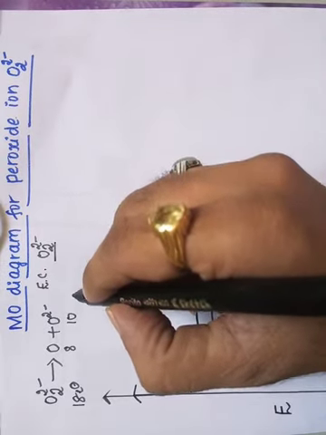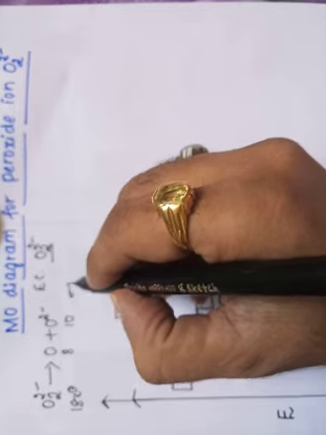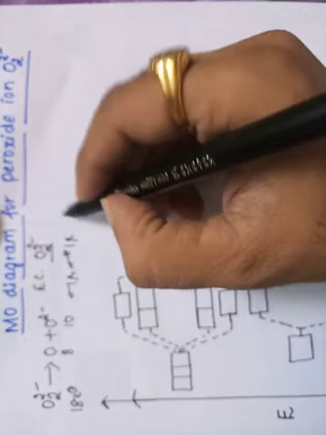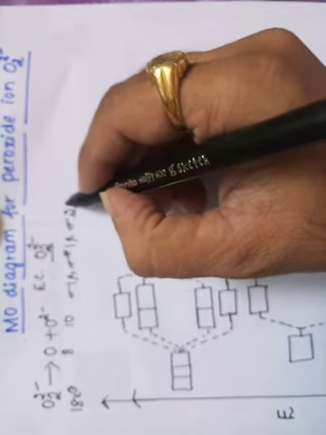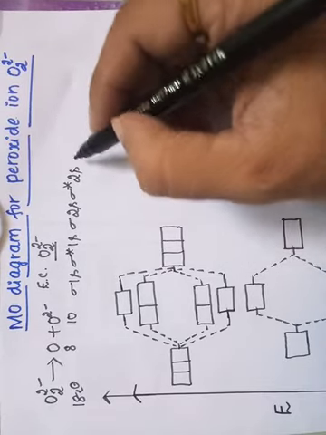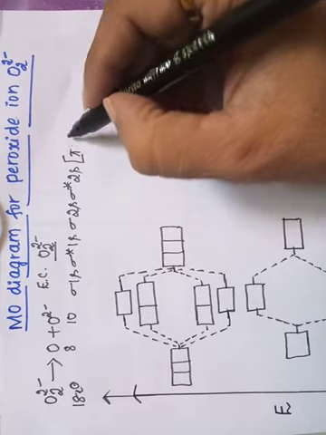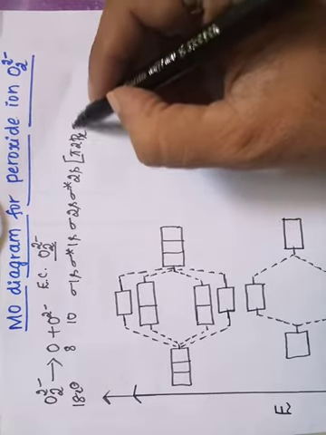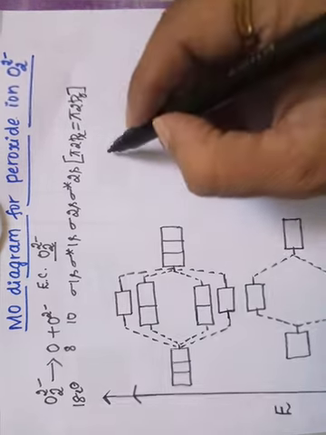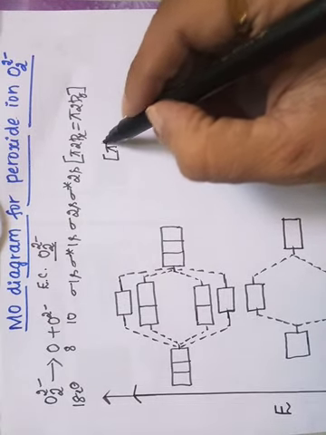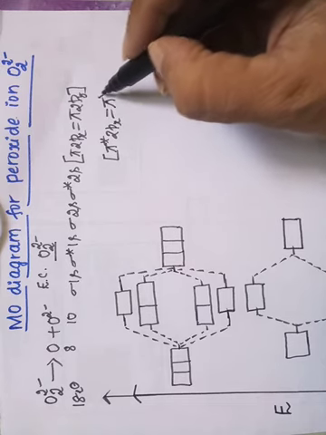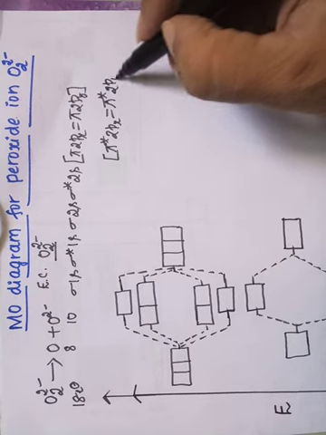So that is sigma 1s, sigma star 1s, sigma 2s, sigma star 2s, pi 2px, pi 2py, and then pi star 2px, pi star 2py.